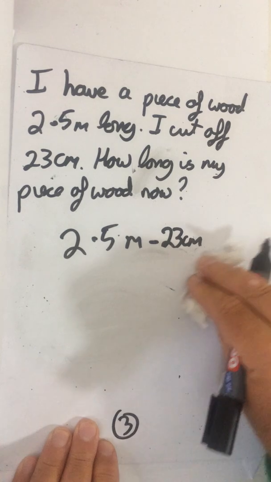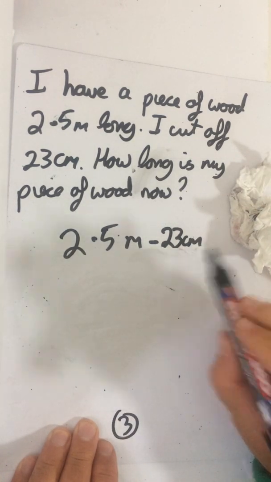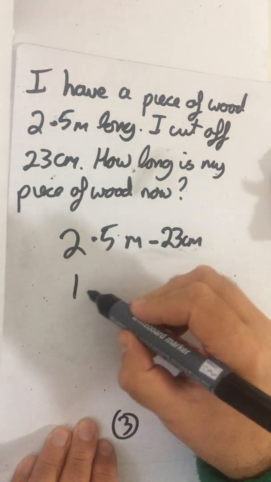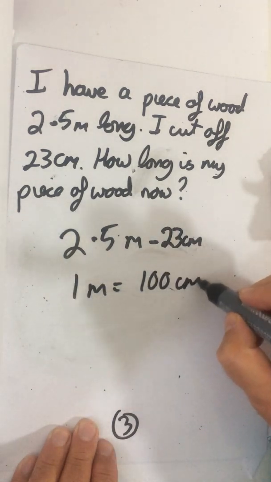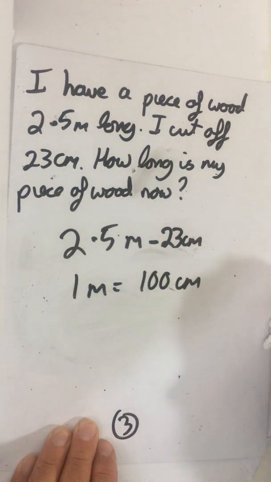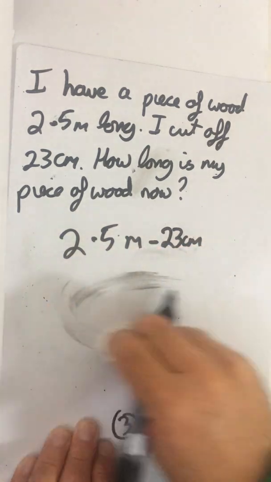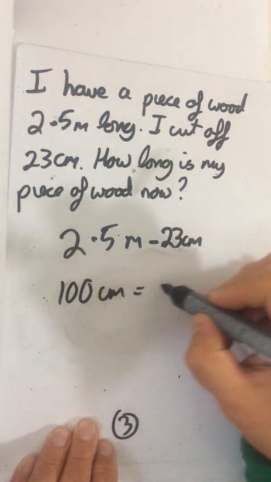So what I'm going to do, I'm going to convert 23 centimeters into meters. Okay, so I know 1 meter equals 100 centimeters. Let's do it the other way around. I know 100 centimeters is equal to 1 meter.